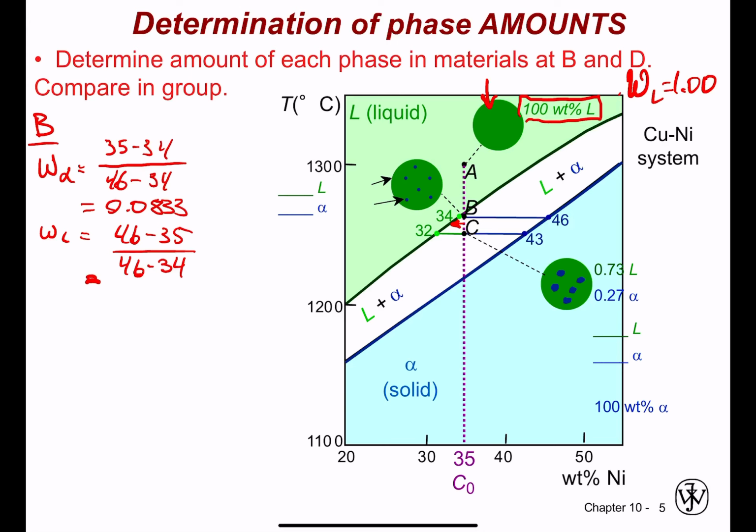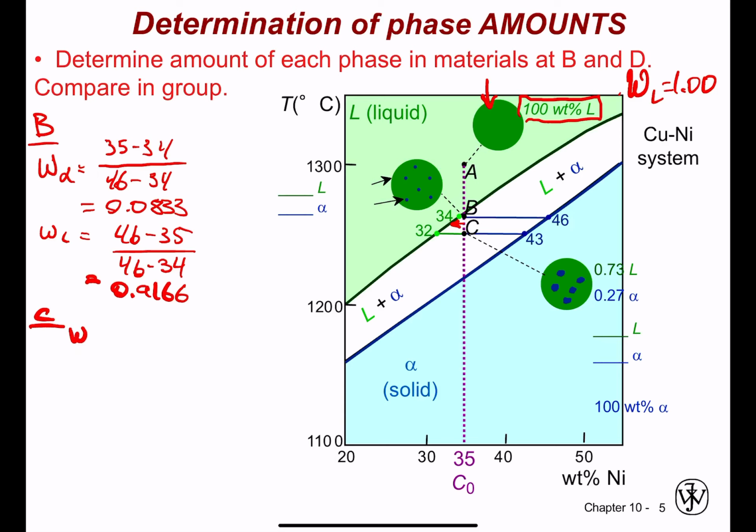So this time we're going to have 11 divided by 12, which of course should be the makeup for the fraction to the alpha. And so 11 divided by 12 here is 0.9166 weight fraction.